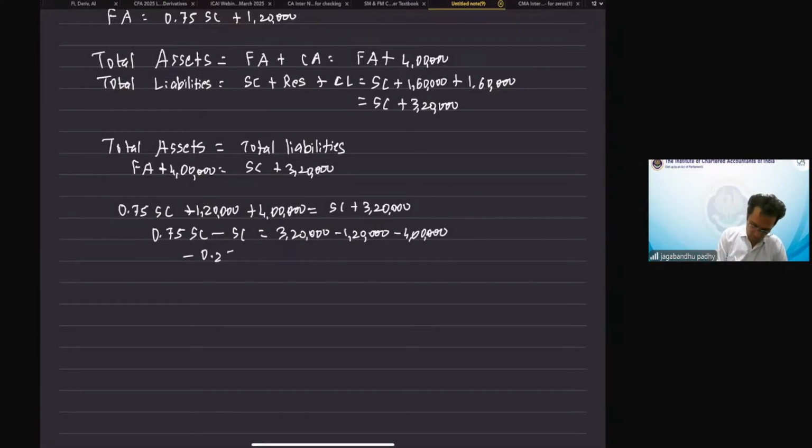That's minus 0.25 share capital equal to 320 minus 120, which is 2 lakh, and then minus 2 lakh. We get the value of share capital as 8 lakhs.